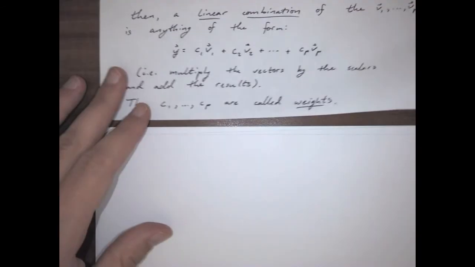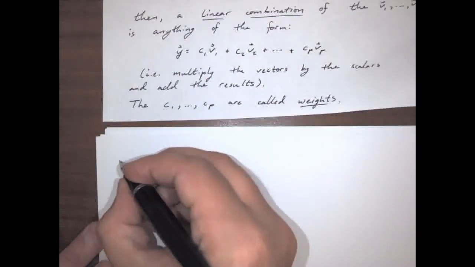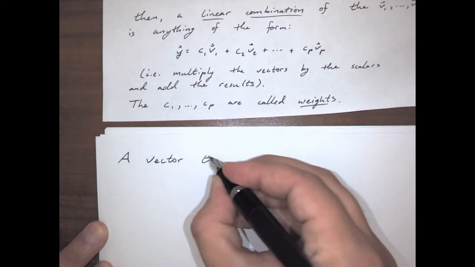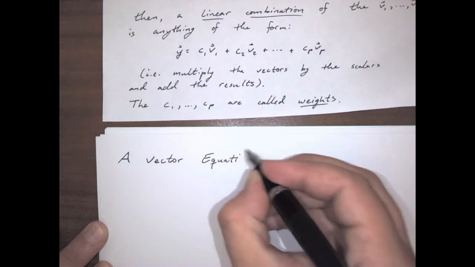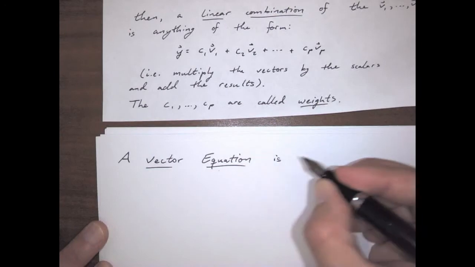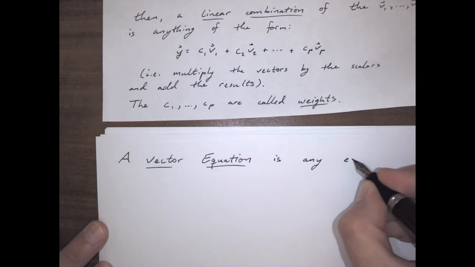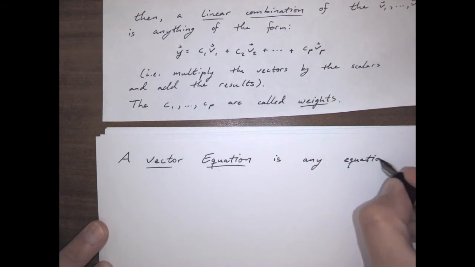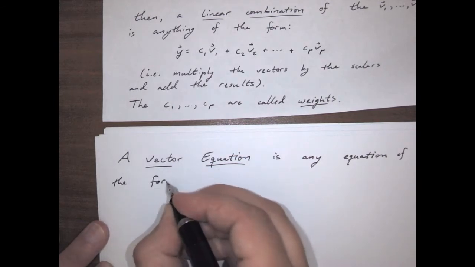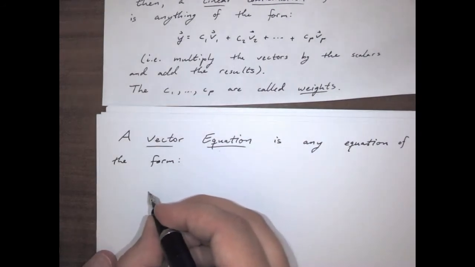So a vector equation is any equation of the form, and then how it looks is this.